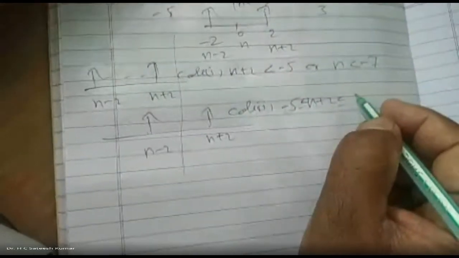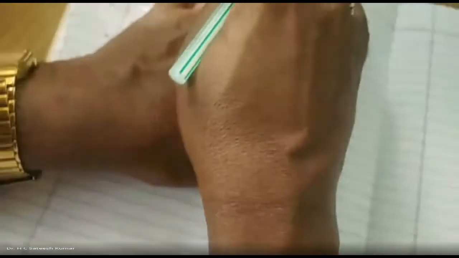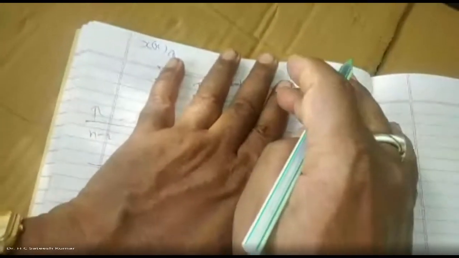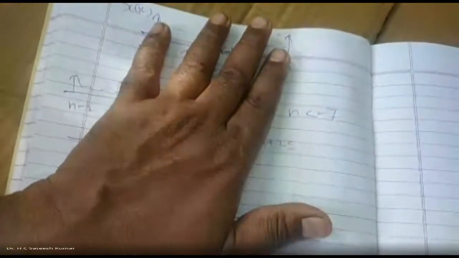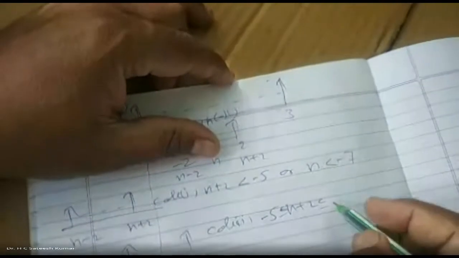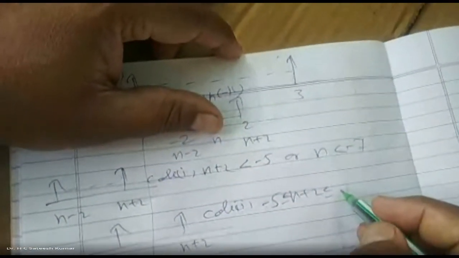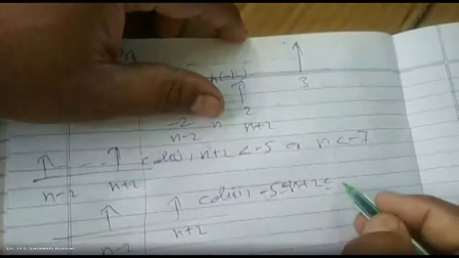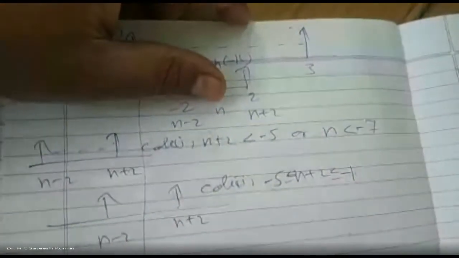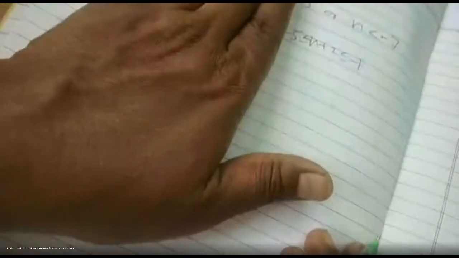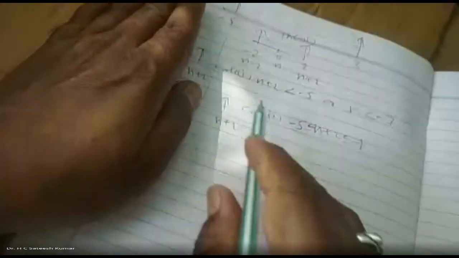-5 to. So 5 elements are there, means -5, -4, -3, -2, -1. Therefore n plus 2 lies between -5 to -1. I'll repeat once again. So what is that we have? 5 elements are there, -2 to +2.